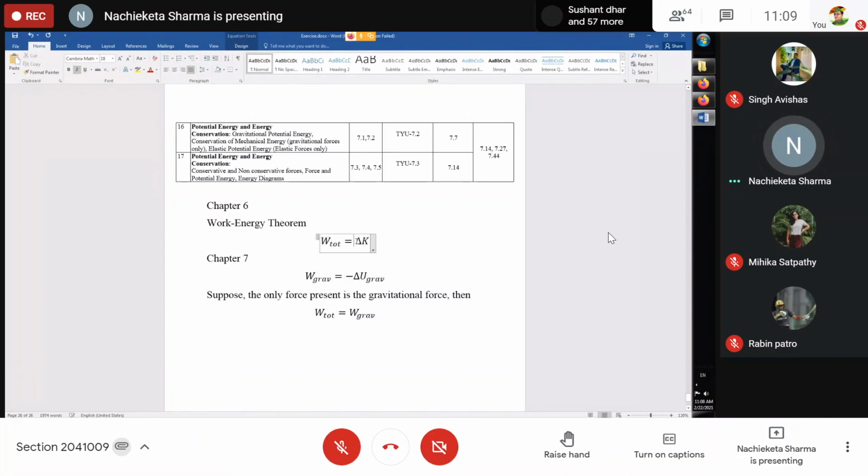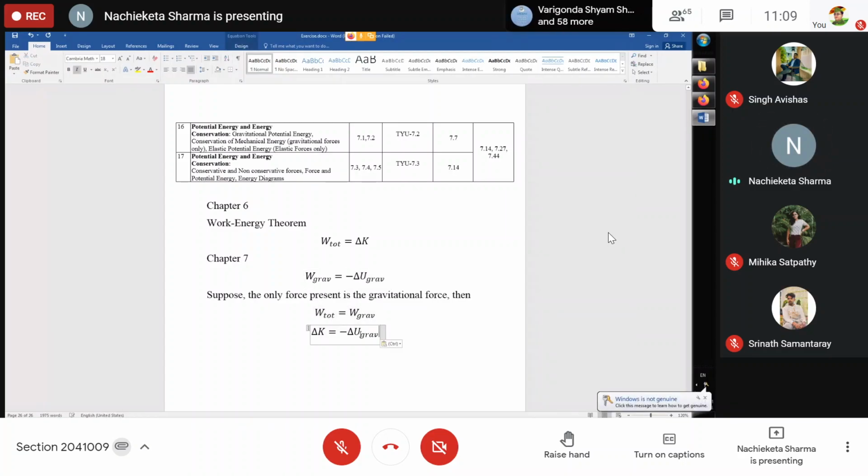Because we have found W total to be equal to delta K, I can find that delta K is equal to minus delta U grav, isn't it?